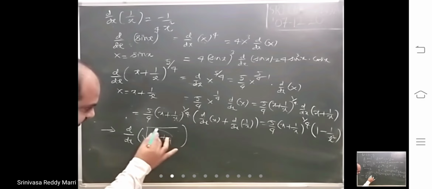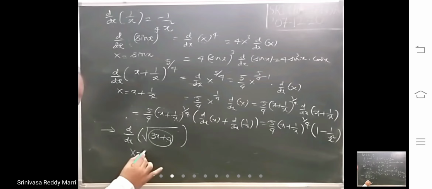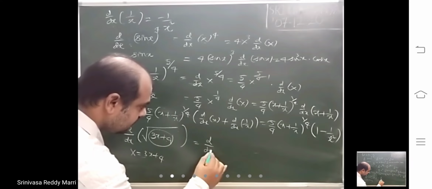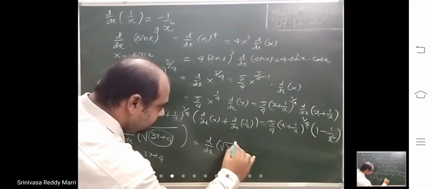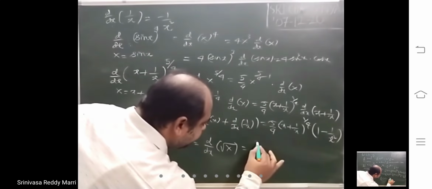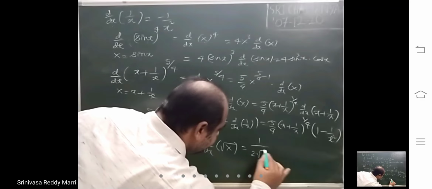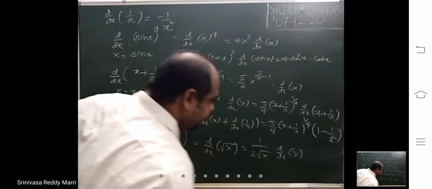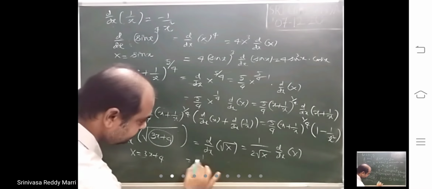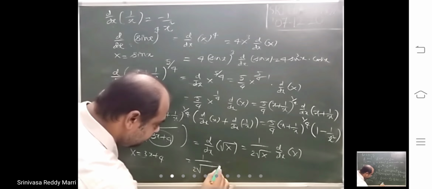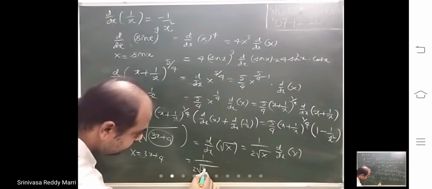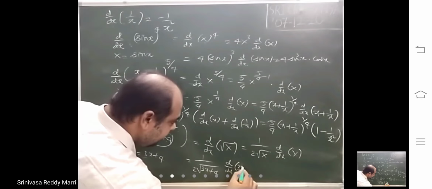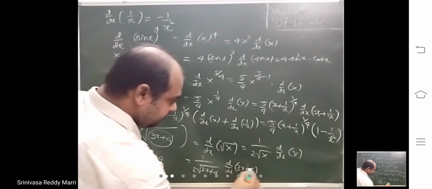I am taking this as capital X. Root capital X, I know the formula. What is that? 1 by 2 root x into d by dx of capital X. So 1 by 2 root of capital X is what? d by dx of 3x plus 4.